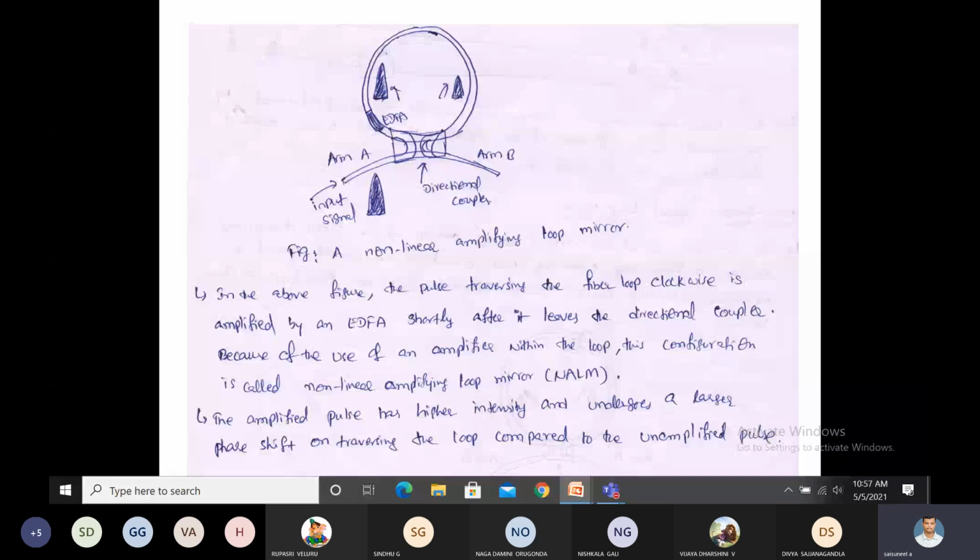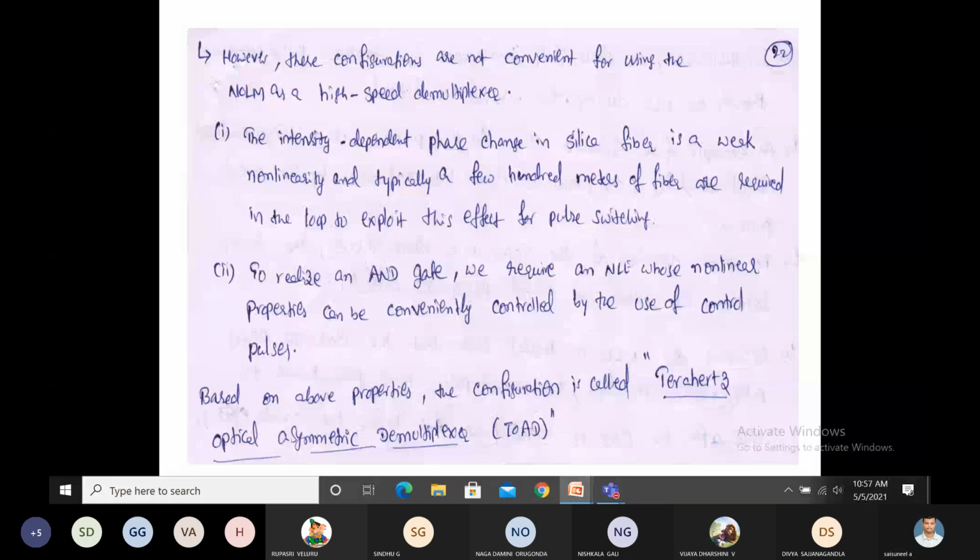How? Because of the intensity dependent phase change. Without amplification, there is only a small change in phase between the two signals, one clockwise and one anti-clockwise. But once we use this amplifier in the clockwise signal, automatically we get a large phase shift.